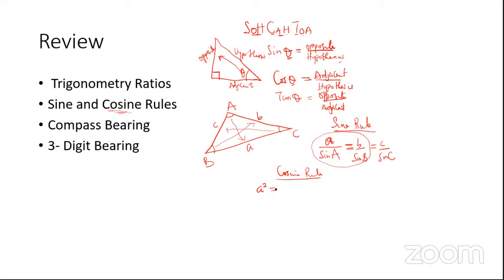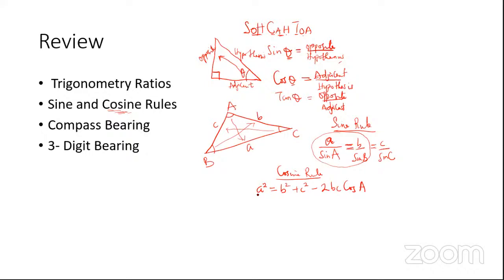So we can have a squared equals b squared plus c squared. This is Pythagoras theorem. But now we are improving it to accommodate a non-right angle triangle. So in that case, it will be minus 2bc cos A. When it's a right angle triangle, A is 90 degrees and cos 90 is 0. 0 multiplied by 2bc also gives us 0.